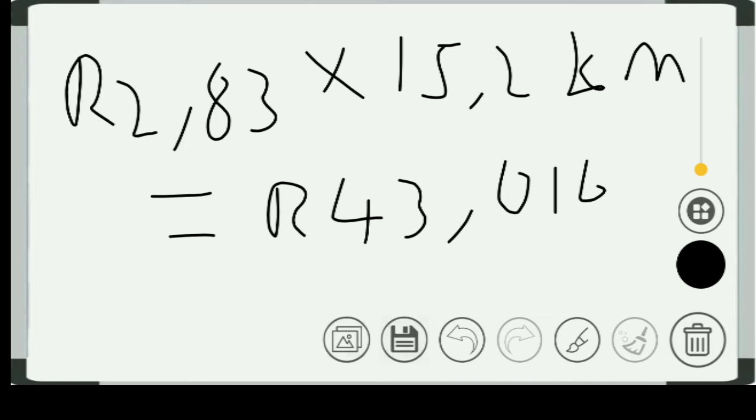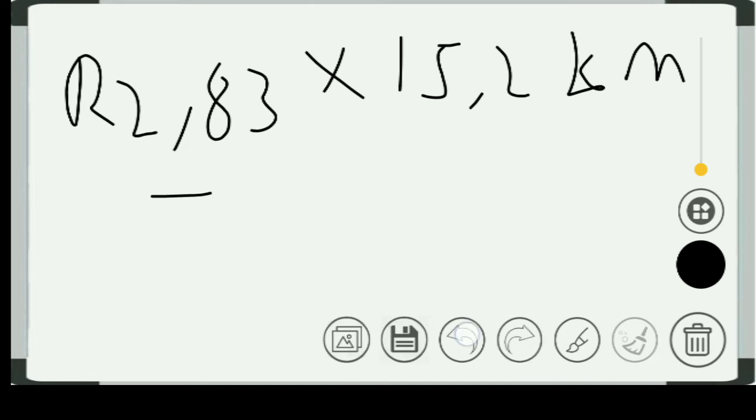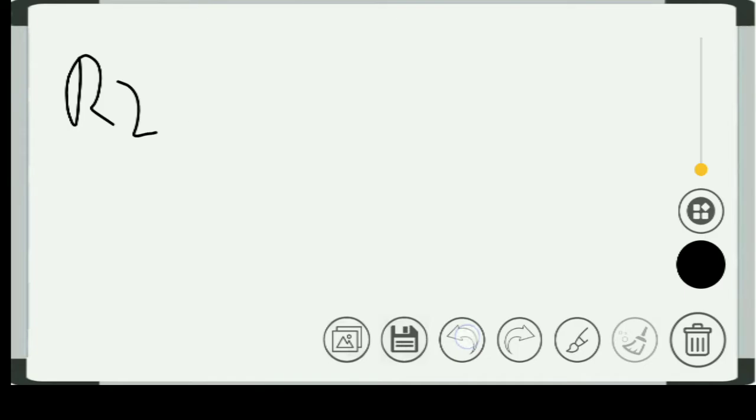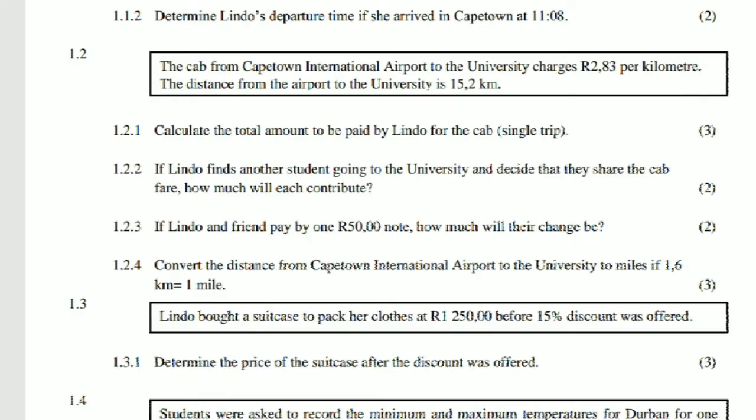Then we're going to 1.2.2. Let me read the question well. If Lindo finds another student going to university and decides that they share the cab fare, how much will each contribute? So we are trying to figure out how much each will contribute, because now there are 2 of them.